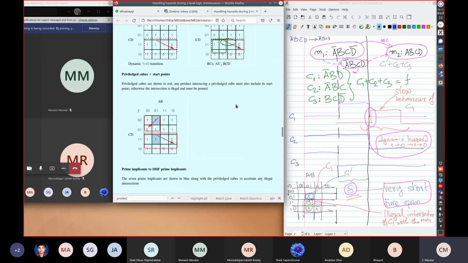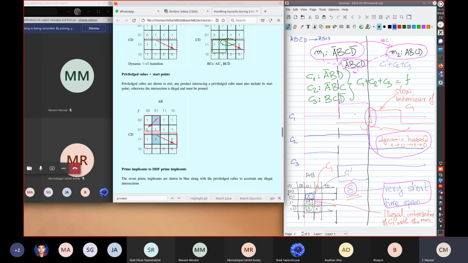And for this dynamic transitions, the starting points are shown over here. So these starting points are shown because we only want to keep cubes which include the starting point.